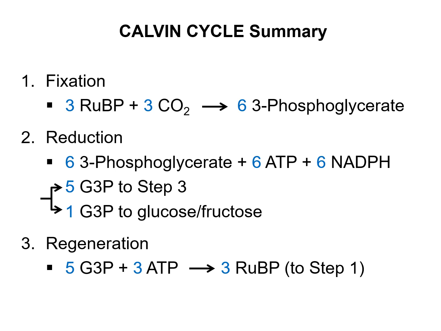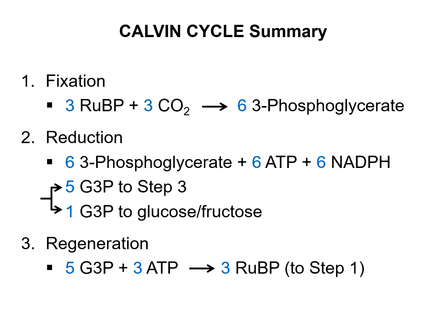And in the final phase of Calvin cycle, which is the regeneration phase, 5 molecules of glyceraldehyde 3-phosphate will combine with 3 molecules of ATP. They will produce 3 molecules of ribulose biphosphate to be used in fixation.